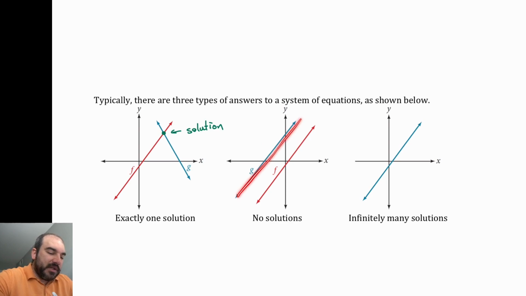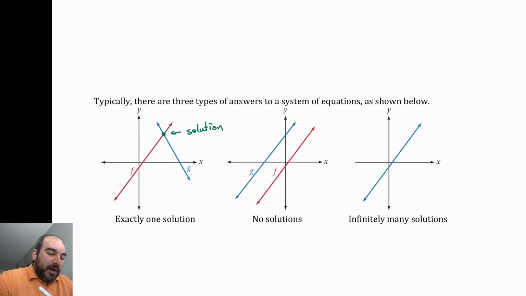So if they have the same slope, but there's a distinction because these two that were on top of each other also have the same slope, right? Because they have to literally be the same equation. So there needs to be something different about these as well. They have to have the same slope, but they have to have a different y-intercept, right? So they have to be shifted off of each other for them to be considered actually parallel.